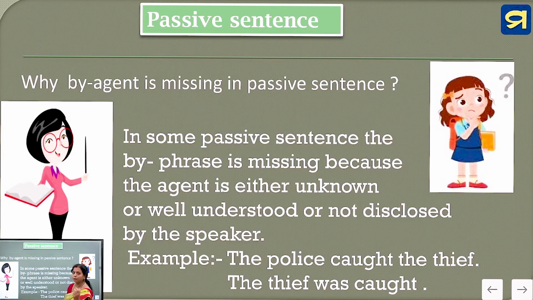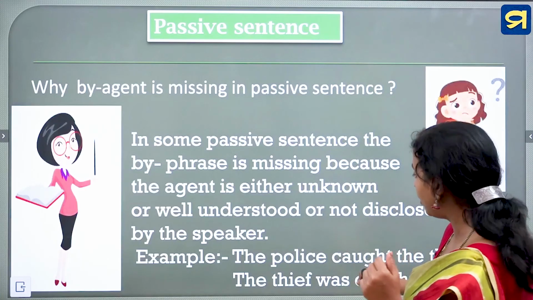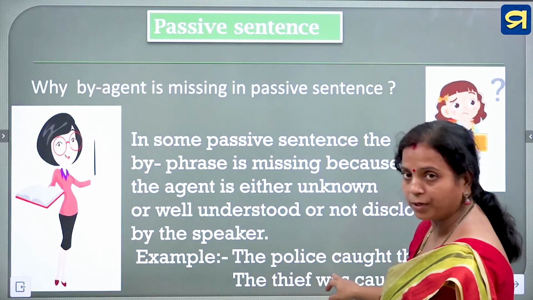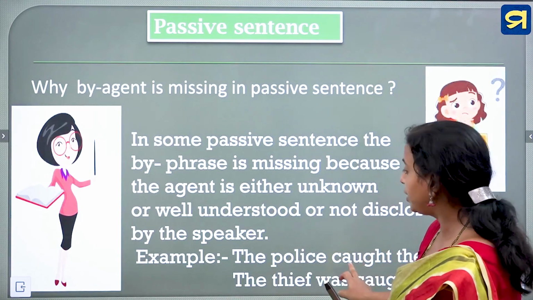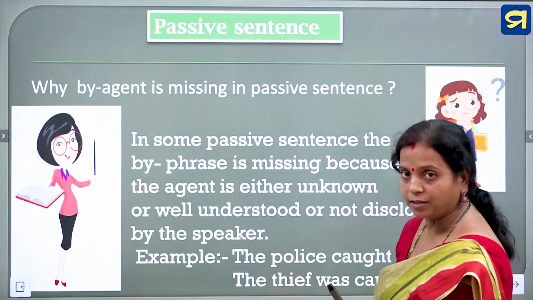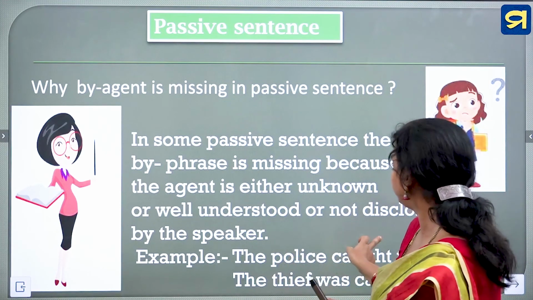There is no need to mention. See the example. The police caught the thief. And the passive voice is the thief was caught. Here the by agent is not mentioned. Why? Because it is the common duty of the police to catch the thief. So there is no need to mention the by agent here in the passive voice form.